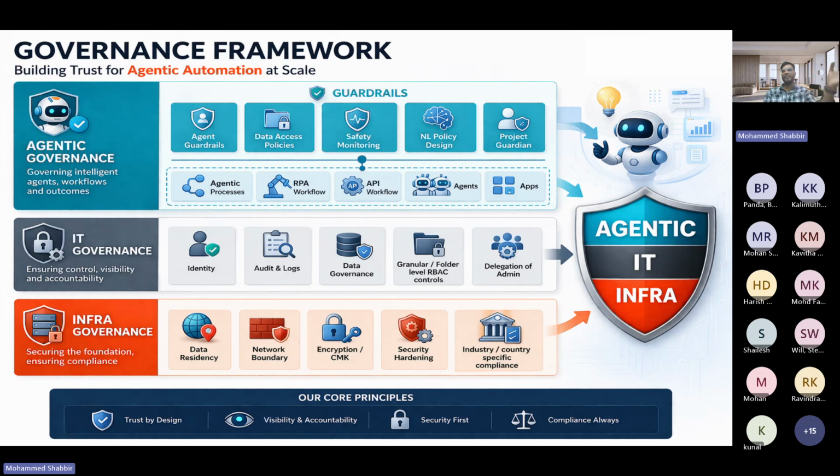Like in the Gulf, if you have a data center there, they don't want their data to be visible outside the Gulf, right? Then you come back to the US or the Europe region, because here the organization has full control over where they want to host their data. So this is data residency.